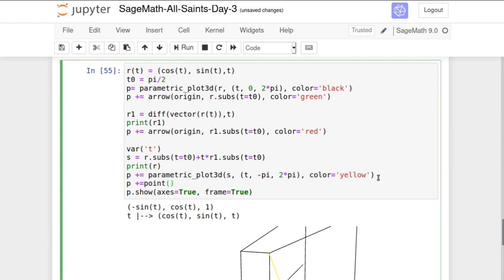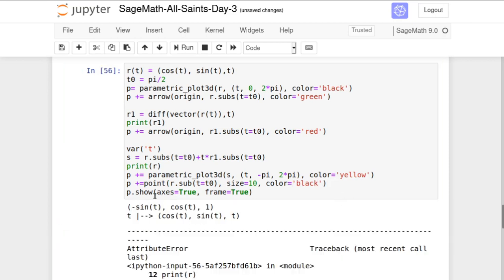So P plus equal to point. Which point we should plot? R, substitute t equal to t naught, and maybe the size of the point should be something large, and color equal to black. Okay, show point r, substitute t equal to t naught, size is this.